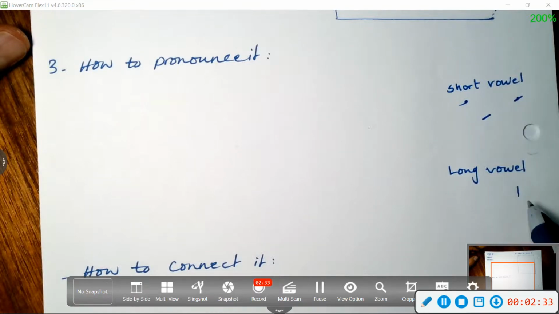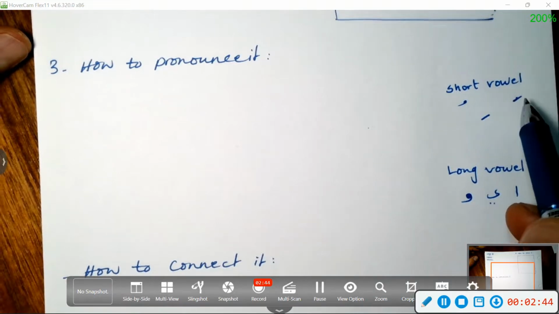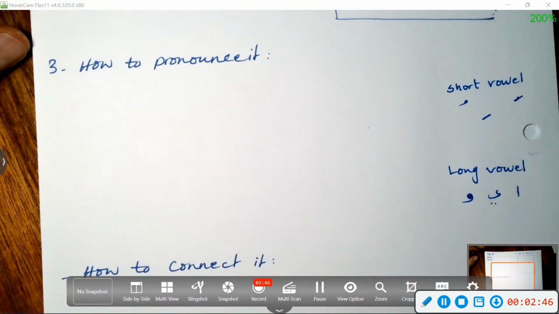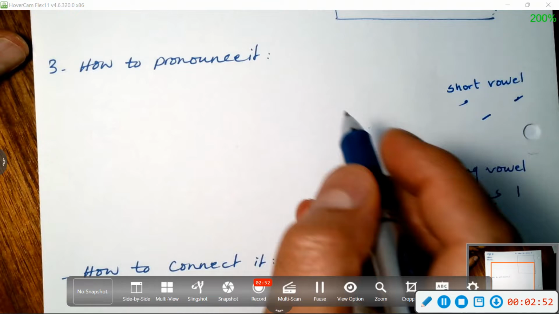Long vowel are alif, ya, waw. Usually they're supposed to be fatha, dhamma, kasra, alif, waw, ya. But that's how we did it right now. So let's start.